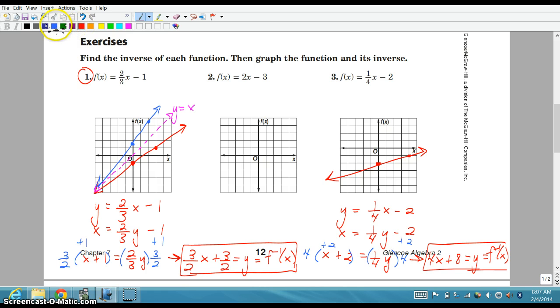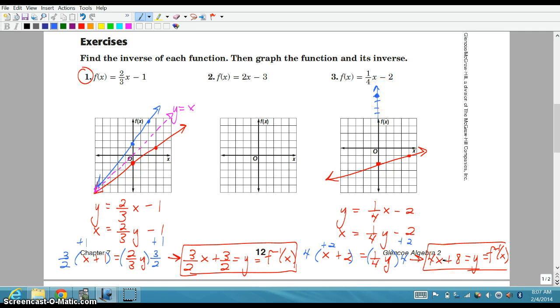The inverse function has a y-intercept of 8, so I'm going to have to go off the graph. 1, 2, 3, 4, 5, 6, 7, 8. That y-intercept is there.